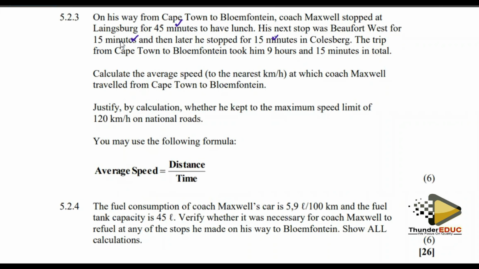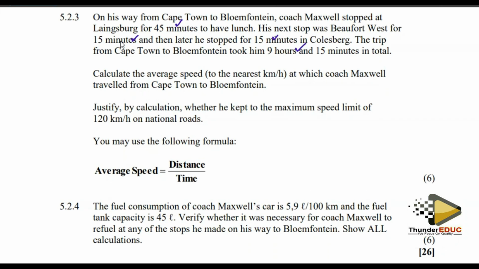So the trip from Cape Town to Bloemfontein took 9 hours, 15 minutes in total. Calculate the average speed, to the nearest kilometer per hour, at which Coach Maxwell traveled from Cape Town to Bloemfontein. Justify your answer by calculating whether he kept to the maximum speed limit of 120 kilometers per hour.